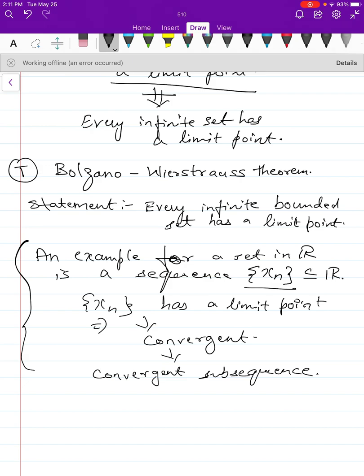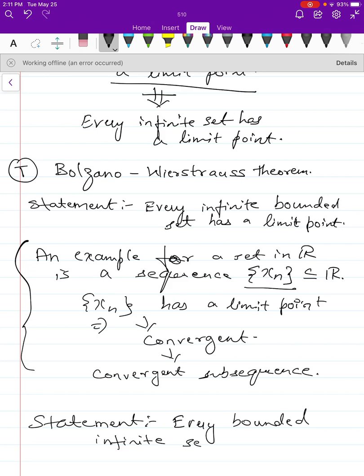Using all this interpretation that we did right now, we can change the statement of the Bolzano-Weierstrass theorem as: every bounded sequence has a convergent subsequence.